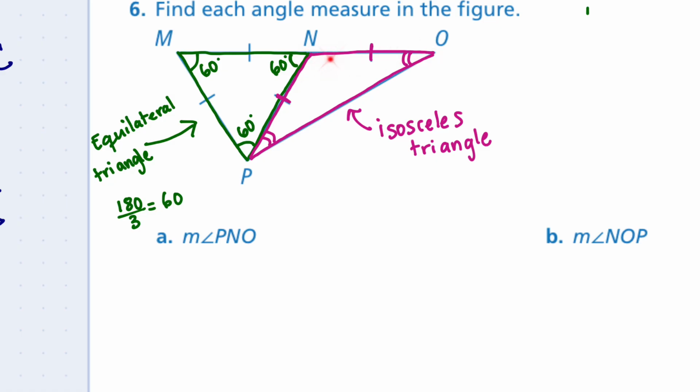We're looking at this measurement. We know that this is going to be a linear pair. So if I need to find this measurement here, then the measurement of angle PNO plus 60 degrees is going to be equal to 180. And once again, this is because we're working with a linear pair.